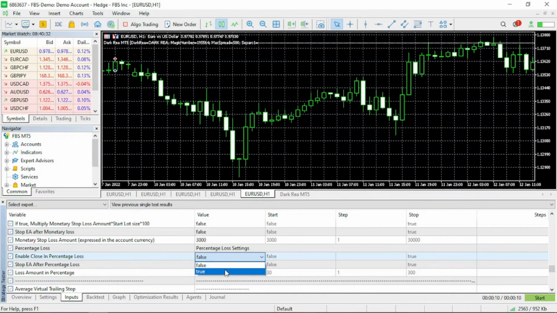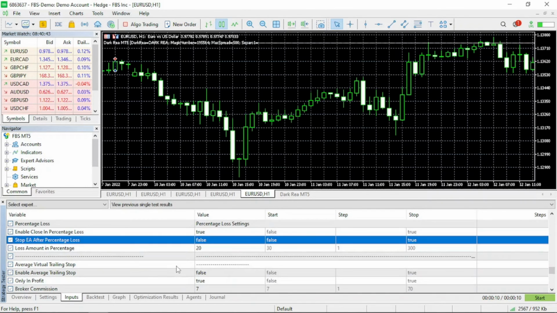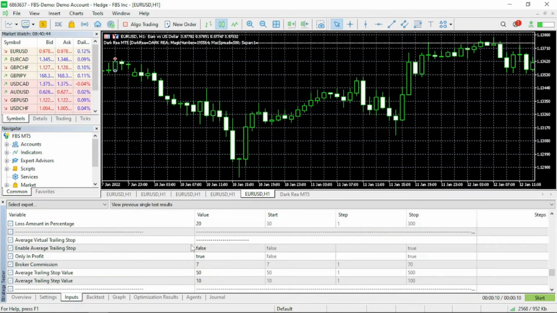Next, we're going to set a stop loss. Now, because of the high drawdown percentage of this Expert Advisor, we will need to increase our percentage accordingly. For now, I'm going to leave the average trading stop to false, and we'll adjust that later.